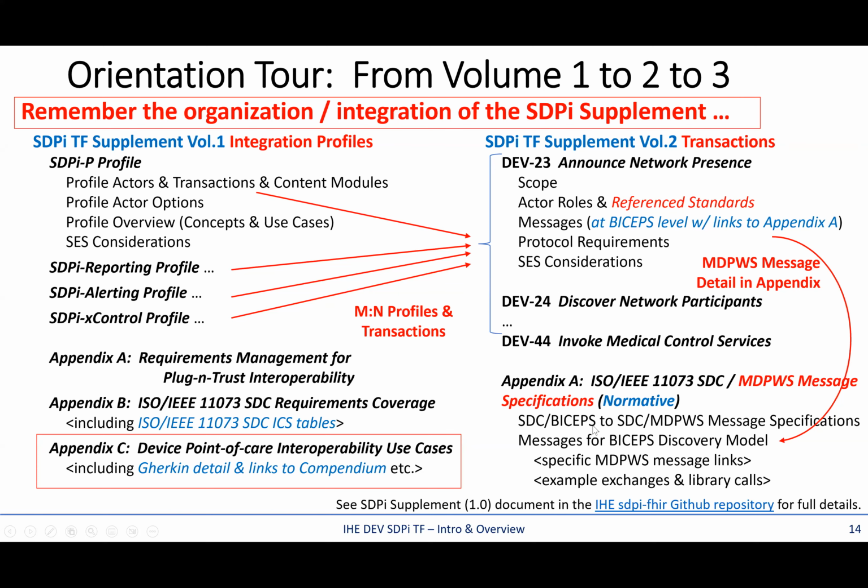What this doesn't show is Appendix B, which is the gateway. So we have the specific gateway between the SDPi, SDC messaging and DEC and ACM in HL7 version 2. So that is the organization you're going to see here, with that separation between those.